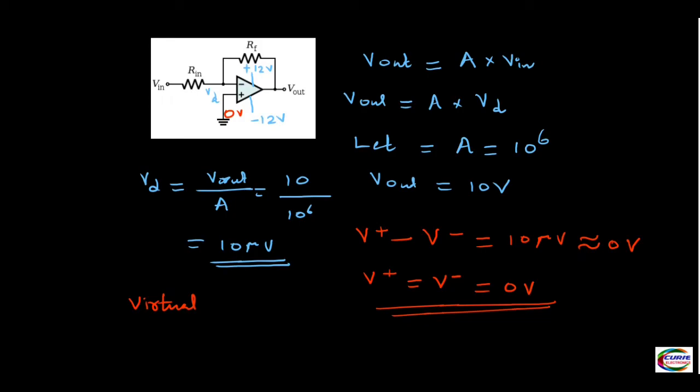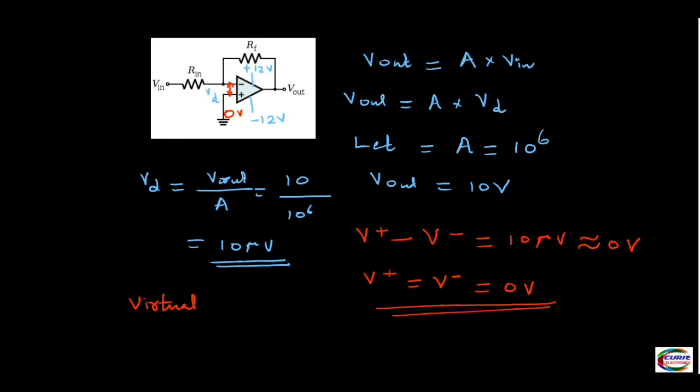The inverting terminal is not directly connected to ground, but it is acting as if it is connected to ground due to this op amp. So it is usually shown by a double-headed arrow like this. This means that both the input terminals are at the same voltage.